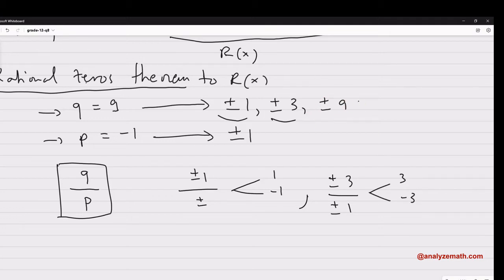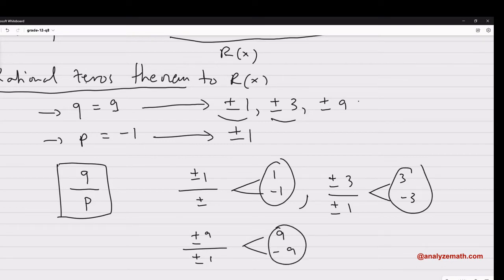Next, plus or minus 9 divided by plus or minus 1 also gives you 9 or -9. So these are the possible zeros of our polynomial.